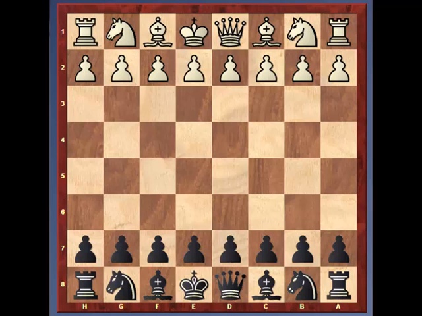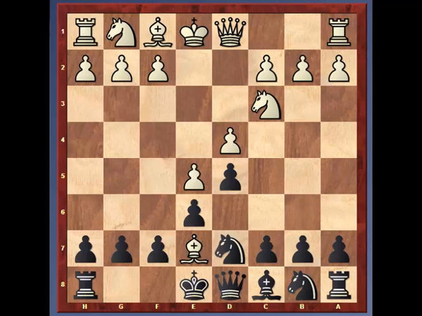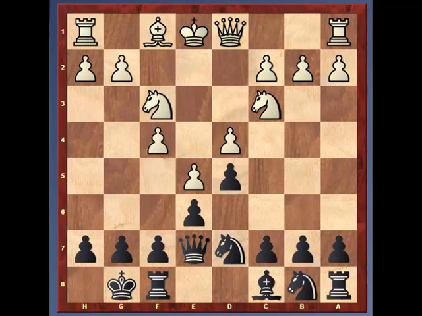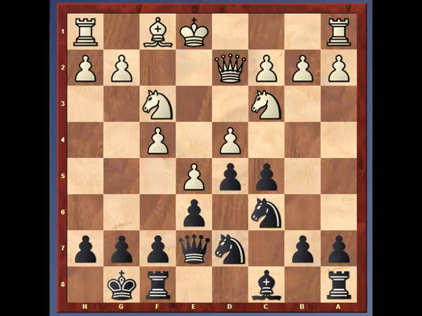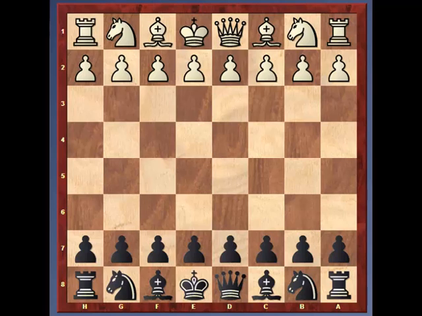This is the Steinitz variation of the classical. And the Stahlberg variation. This is the Winower, the Nimzowitsch variation.